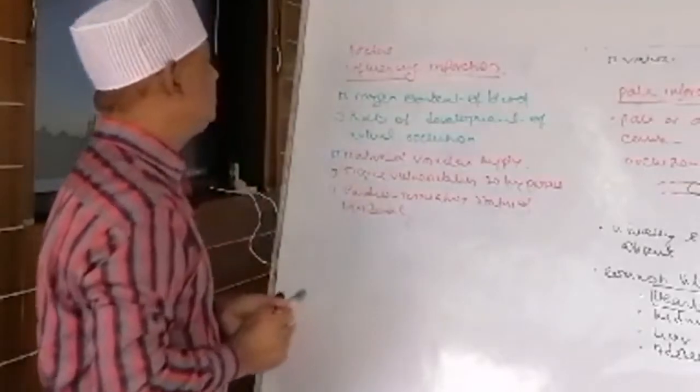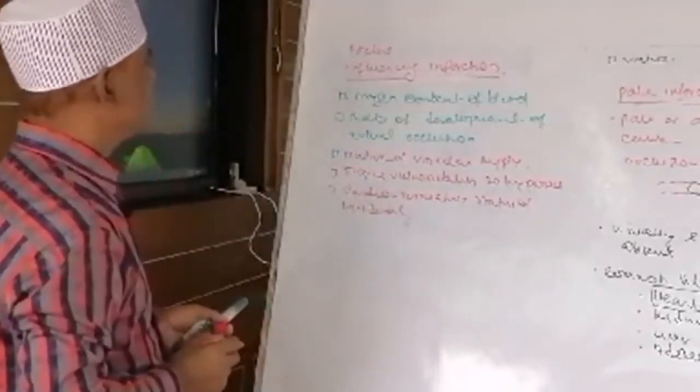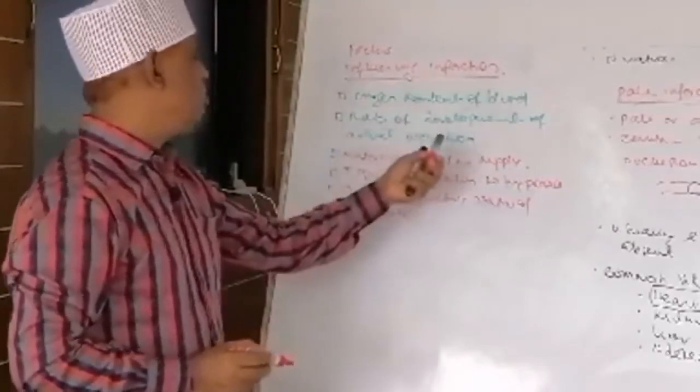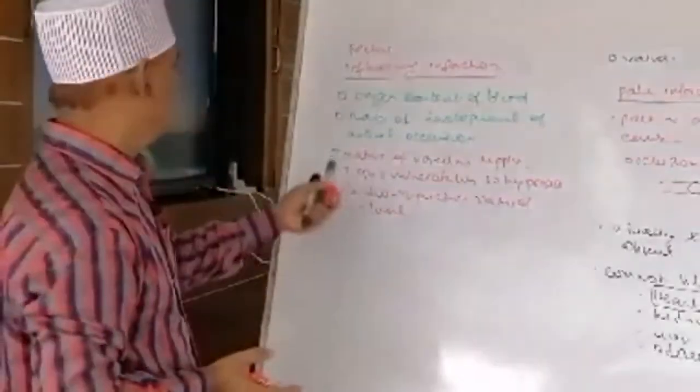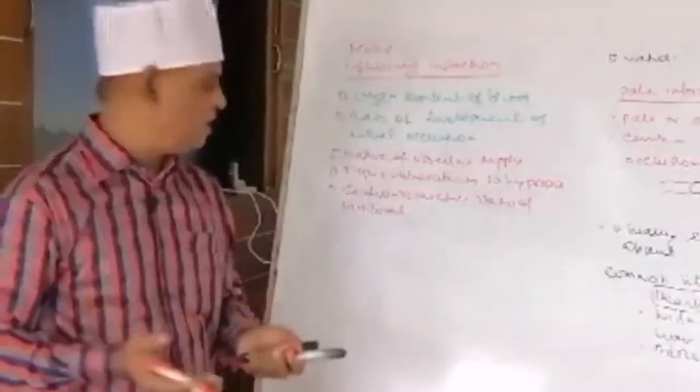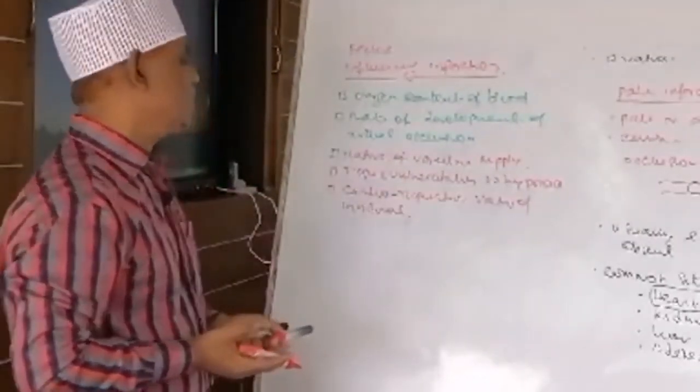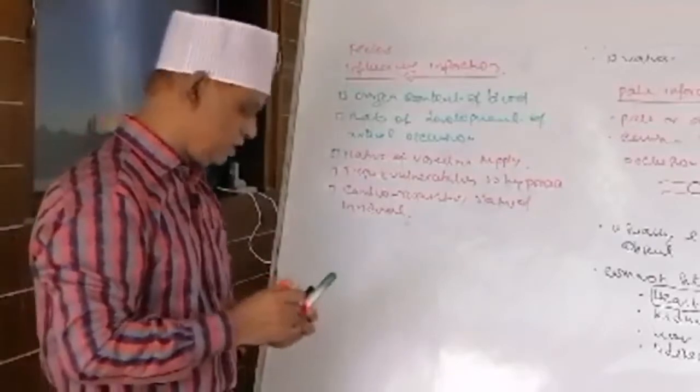Dear audience, these are the factors that influence infarction: oxygen content of blood, rate of development of arterial occlusion, nature of vascular supply, tissue vulnerability to hypoxia, and cardiorespiratory status of the individual. Now come to oxygen content of blood.